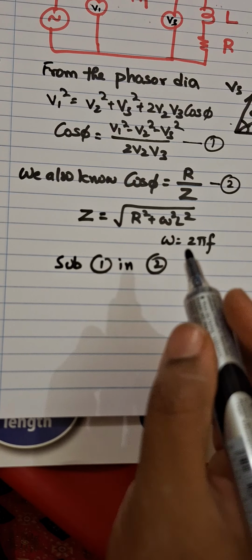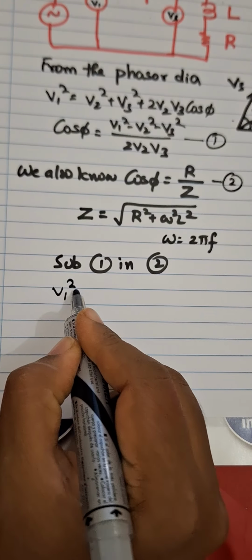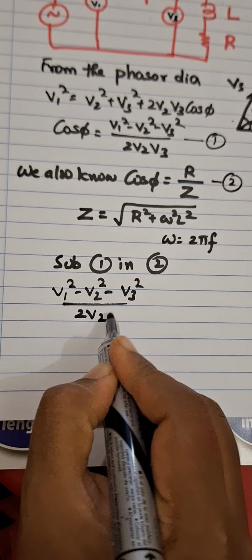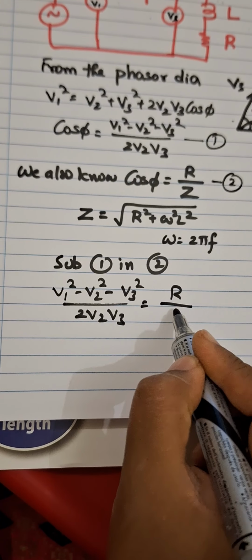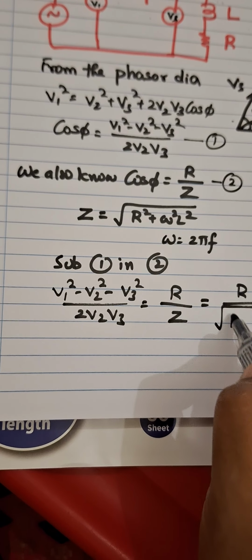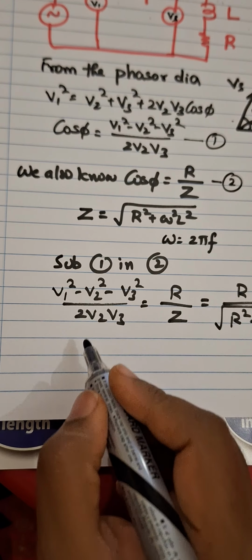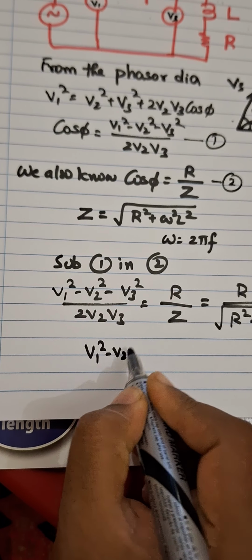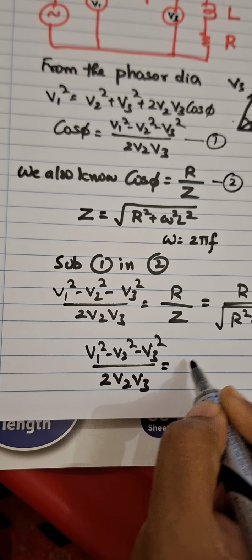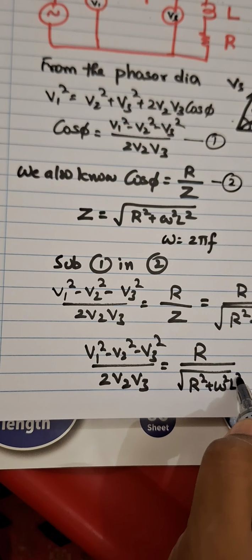Cos phi is V1 square minus V2 square minus V3 square by 2 V2 V3, equal to R by Z. But what is Z? Z is the square root of R square plus omega square L square. So we can say that V1 square minus V2 square minus V3 square by 2 V2 V3 is equal to R by square root of R square plus omega square L square.